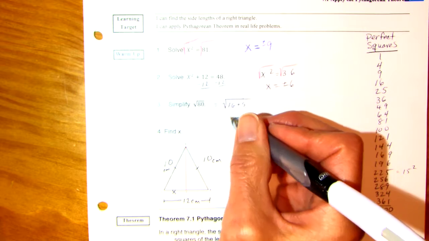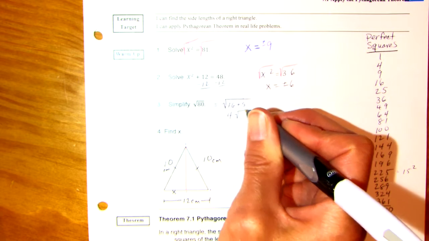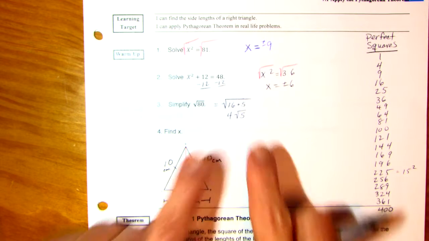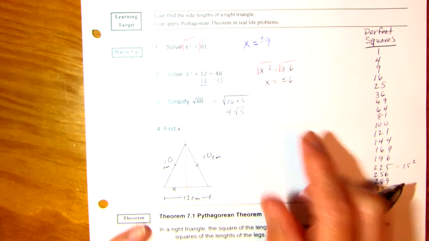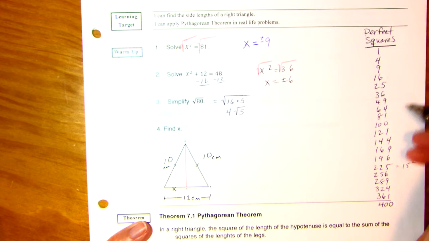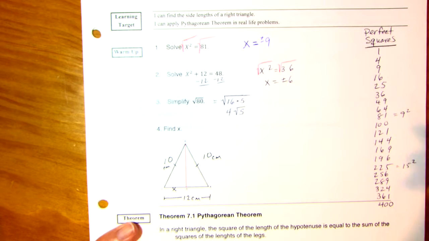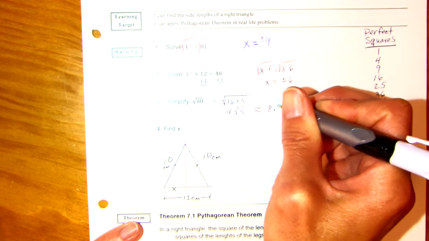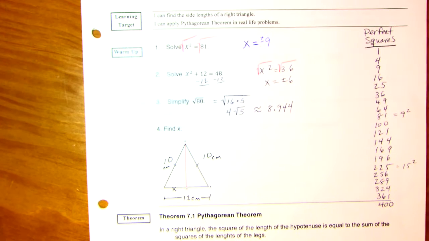The square root of 16 is 4, and then we leave the square root of 5. That is an exact answer. If they want an approximate value, the square root of 80 is right before 9, so it'll be about 8 point something. Using my calculator, 8.944.